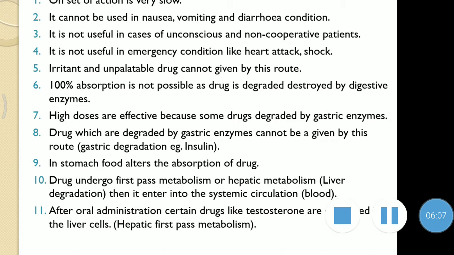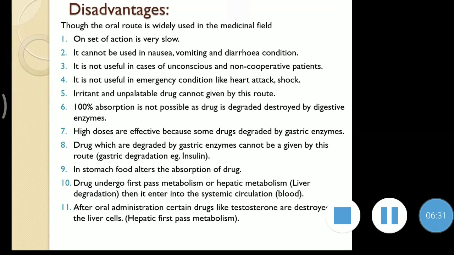A lot of drug normally gets degraded by first pass metabolism, so we have to give high doses, and in some cases all the drug gets degraded, hence we cannot give those drugs by oral route. Example is testosterone. So these are the certain disadvantages of the oral route.